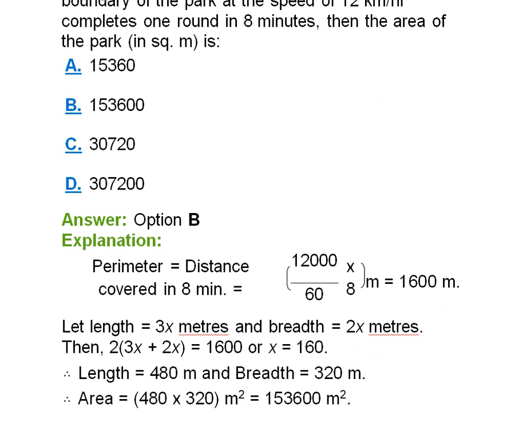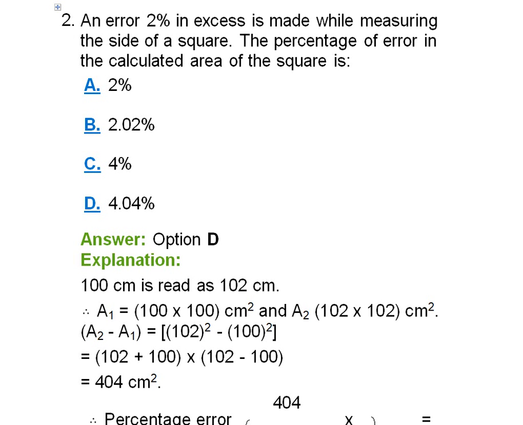Moving on to another question. An error of 2% in excess is made while measuring the side of a square. The percentage of error in the calculated area of the square is? So 100 centimeter is read as 102 centimeter.